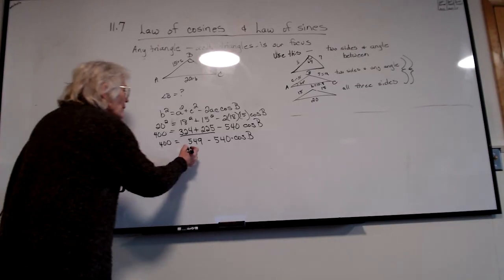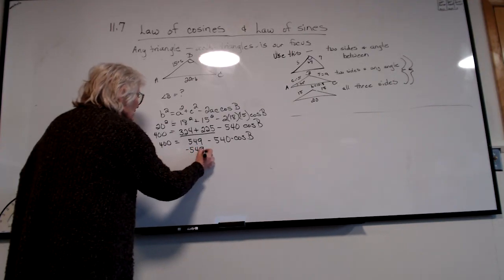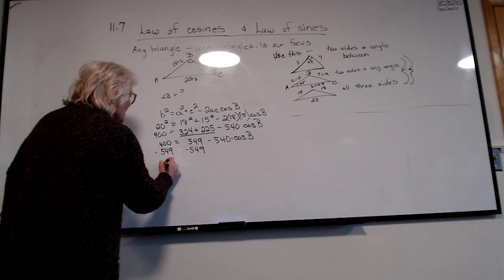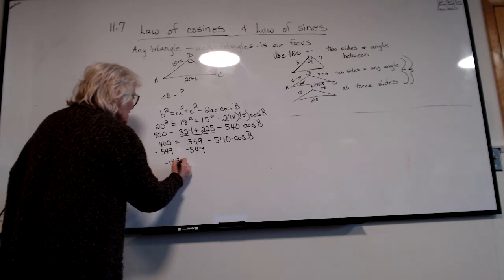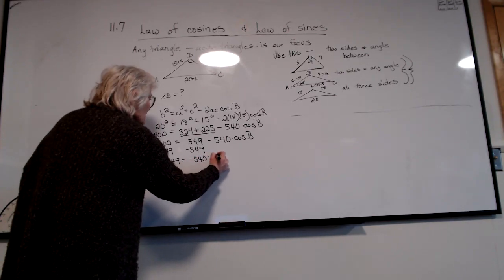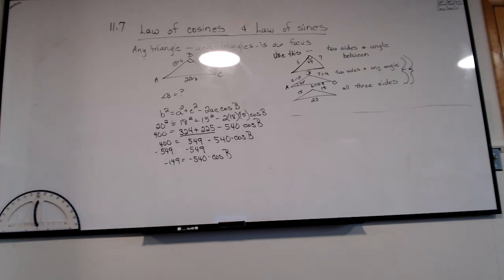So we are going to get rid of the 549 by subtracting 549. Subtracting 549, we get negative 149 is equal to negative 540 times the cosine of B. So all I did is basic algebra there, but I have to remember I cannot subtract that 540 because that 540 has cosine of B on it.